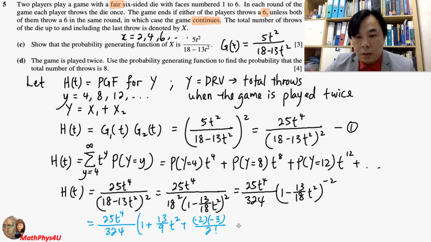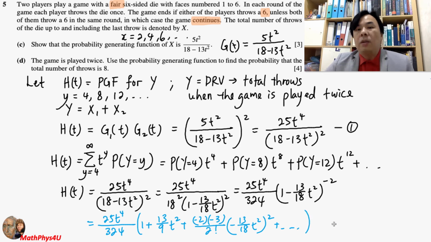And then the next one will be 13 over 18 t square here, right, because there's a third term. And then of course you can proceed on further, but here you don't really need to proceed further because the term that we need is this term t to the power 8. You can see that from here we have t to the power 4 with another 4 outside there that will yield t to the power 8.